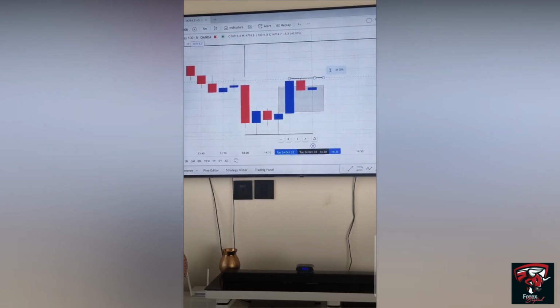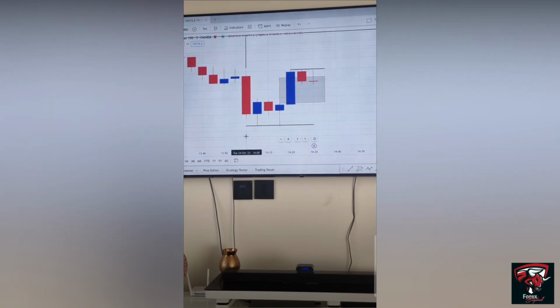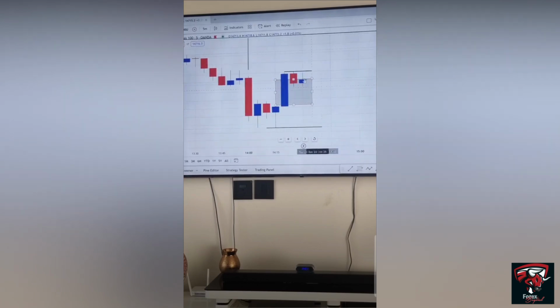So here we have a new protected high. Okay. So we have these equal lows. This being a protected low. Right? So what are we looking at? We're looking at taking out highs.